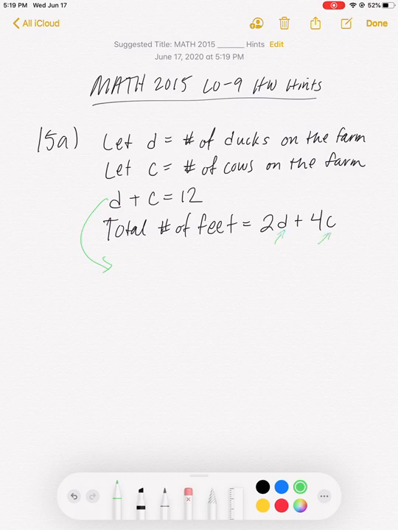So let's take our D plus C and solve it for one of the variables and then substitute it back into our expression. We have D plus C equals 12. Let's solve it for D, which means that D is equal to 12 minus C, if I subtract C from both sides.